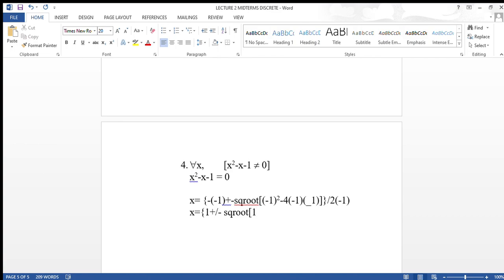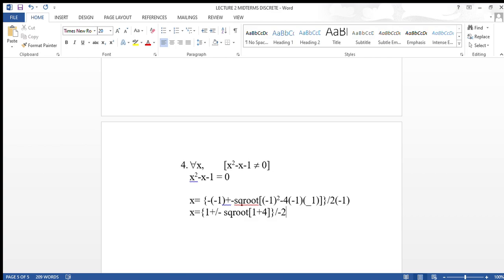We have minus 4 times minus 1 times positive 1 is positive 4. Then everything divided by negative 2.